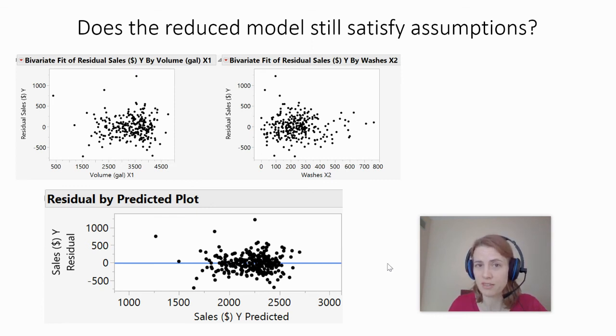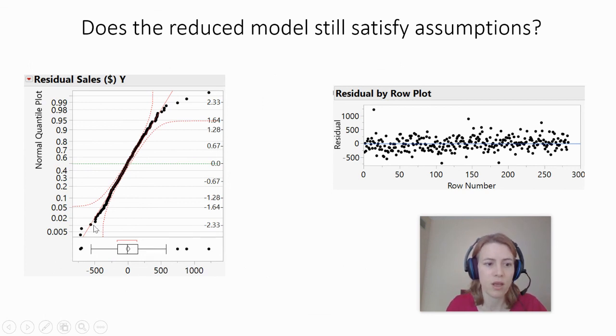So we also have constant variance being reasonable. The residuals still look normal for almost all of them. We do have a couple outliers still. And then finally, there doesn't seem to be any correlation among the errors. They just randomly bounce up and down throughout the rows.